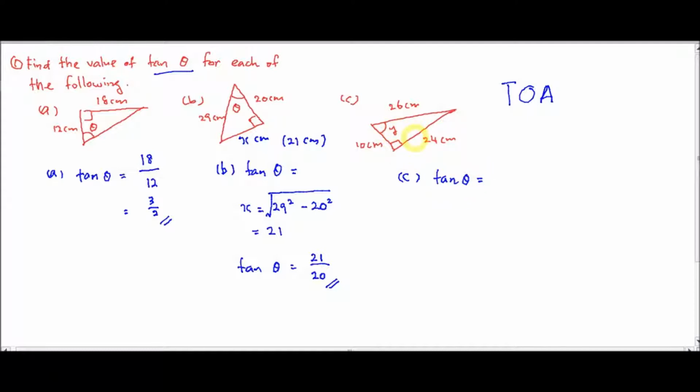The opposite will be here, 24, opposite to theta. Adjacent, which is nearer to theta, not 26. 26 is the longest side of a right angle triangle. It is the hypotenuse. The adjacent side will be 10. Simplify. This will be the answer.